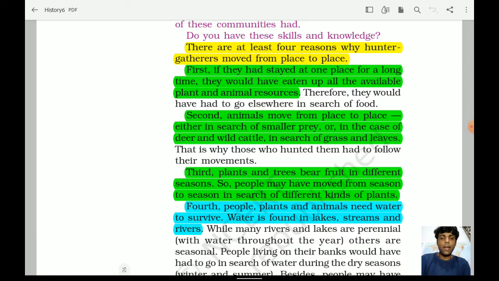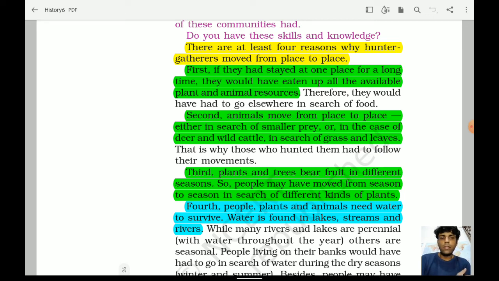And the fourth reason: people, plants and animals need water to survive. Water is found in lakes, streams and rivers. One important aspect, as we have already discussed, is that water must have played an important role, because in summers it is very possible that the streams were drained.